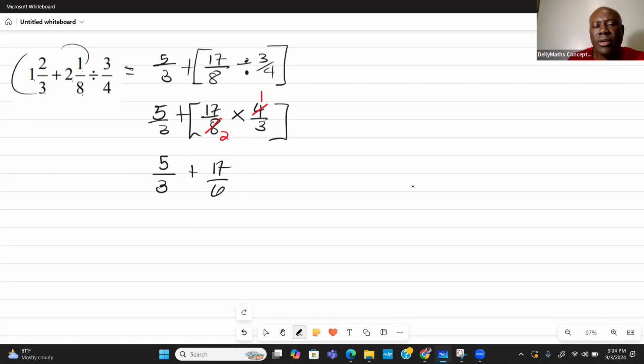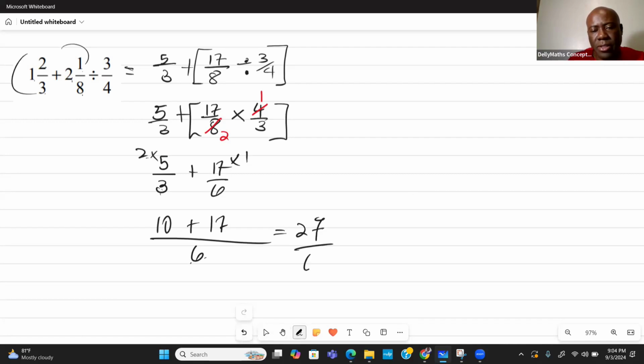So now let's look. The common multiple is a 6, as you could see. So 3 into the 6 is going to go 2 times 5 is 10. 6 into itself is 1 times 17 is 17. We add this, we're going to get 27 over 6, right? So this is a 27 over 6.